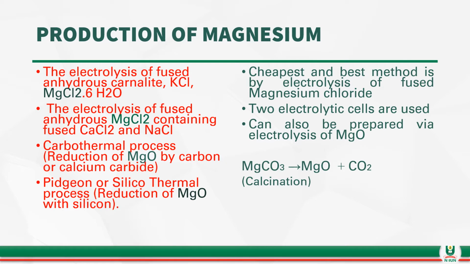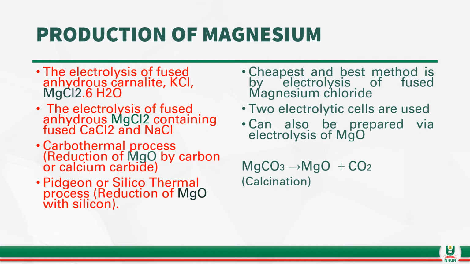Magnesium can be produced by four different processes. One, the electrolysis of fused anhydrous carnallite, which is a combination of potassium chloride and magnesium chloride. Then the electrolysis of fused anhydrous magnesium chloride containing fused calcium chloride and sodium chloride.